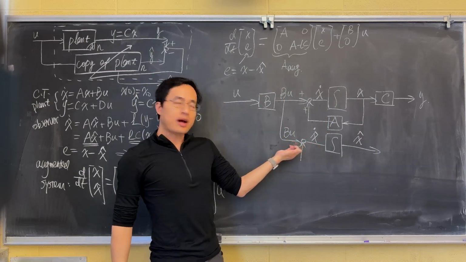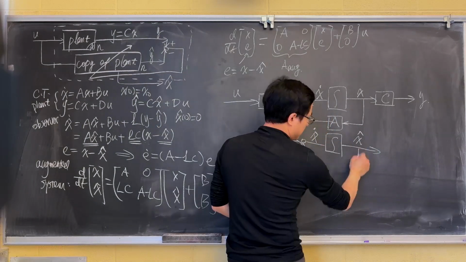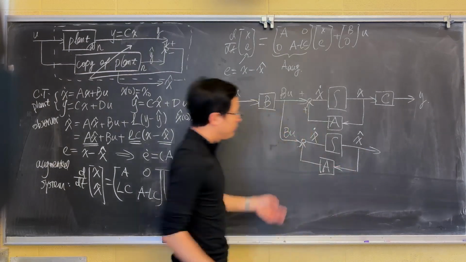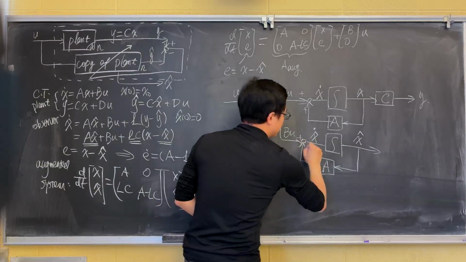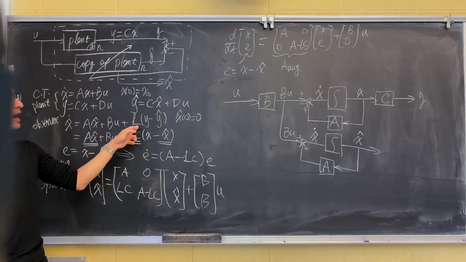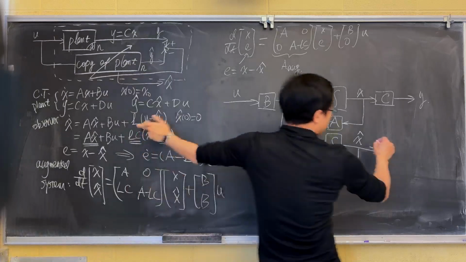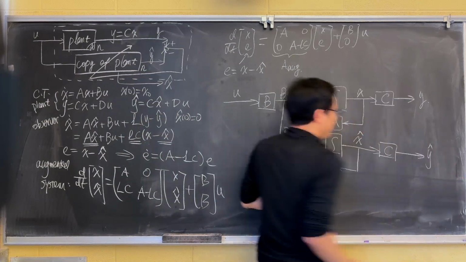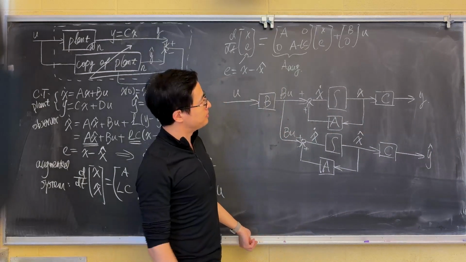So BU plus A times X hat. And then plus L times Y minus Y hat. So we get Y and Y hat like this.